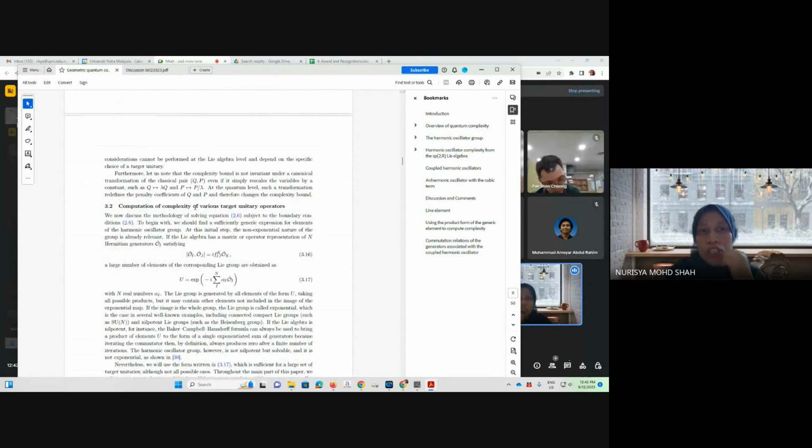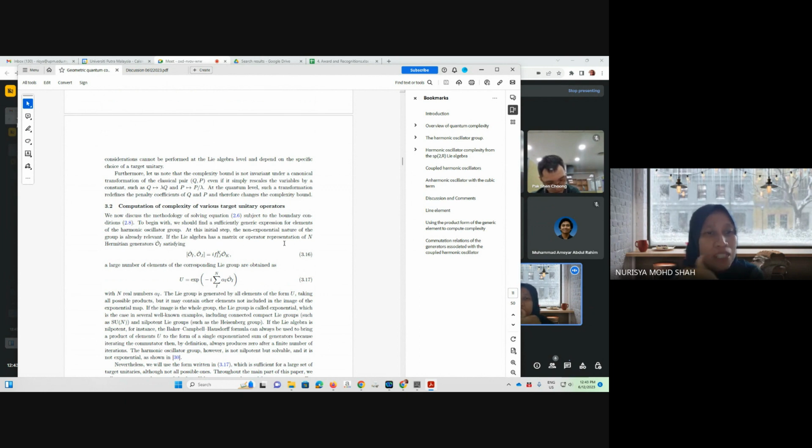So the computational complexity of target unitary operators: they consider some groups, okay? So these are considered to be Lie groups. They only consider the harmonic oscillator group. At this initial step they mention that the non-exponential nature of the group is already relevant.